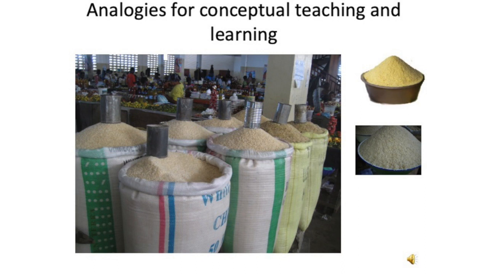So in the West African market, as you can see there, you can see all the substances there. You can see the rice, the different types of rice, the gari, and the salt. But you also see the cup. That cup that they use to measure is the mole. It's an illustration of the mole, because it measures an amount of substance.